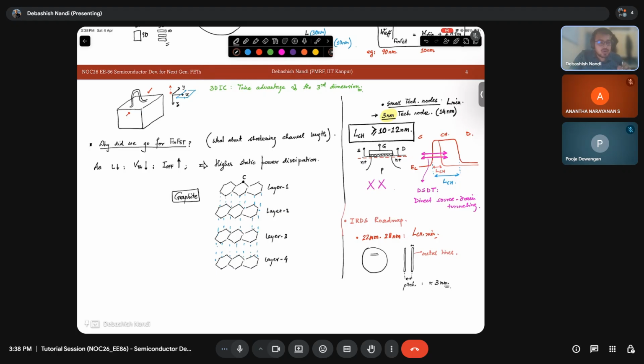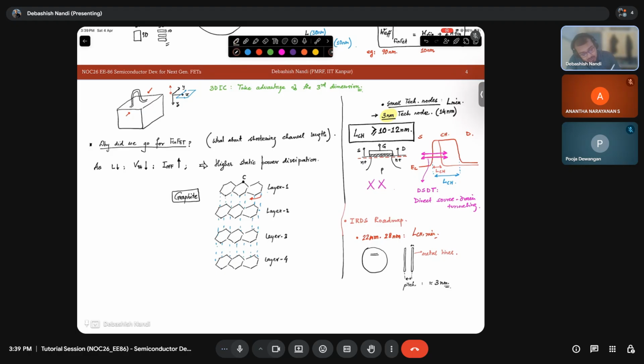Now, why does that material get slippery in your hand? Because whenever you rub your finger on top of that, this layer slides on top of this layer. One sheet or one layer slides over another layer. That is why you feel that slippery.